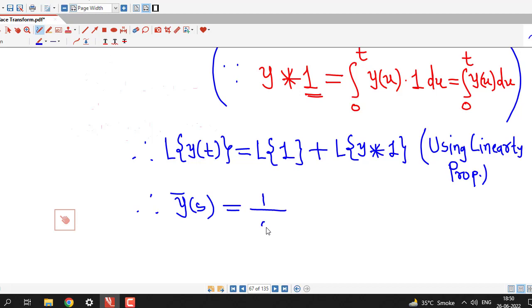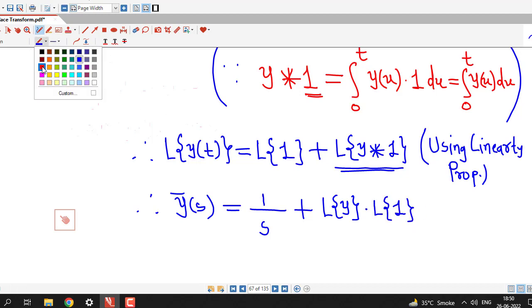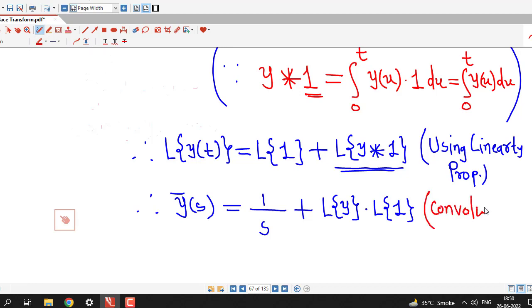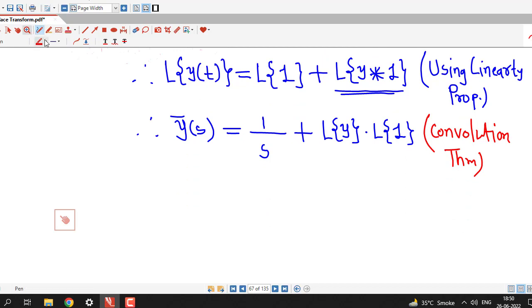Laplace transform of 1 is 1 by s, and Laplace transform of convolution equal to product of their Laplace transforms, that is Laplace transform of y into Laplace transform of 1. Here we are applying convolution theorem for Laplace transform. Laplace transform of convolution of two functions equal to product of Laplace transform of those two functions.